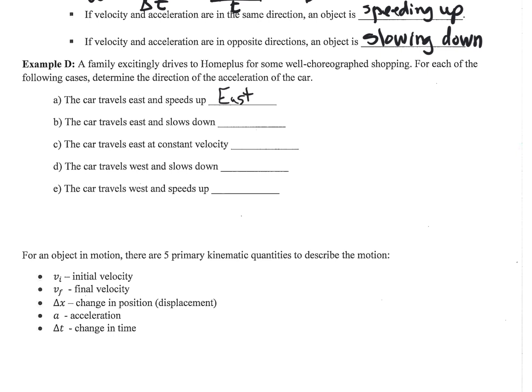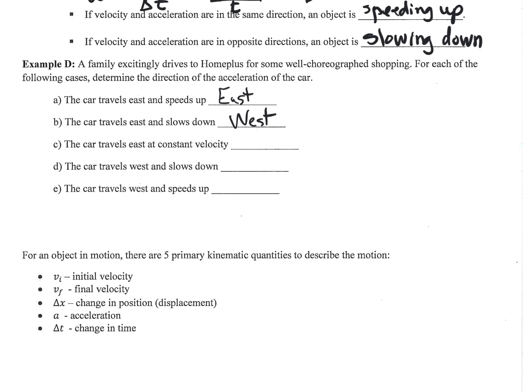Travels east and slows down. West. Good. Travels east at a constant velocity. East. Wait, no. Direction of the acceleration. There's no acceleration. Nice. Acceleration is 0.